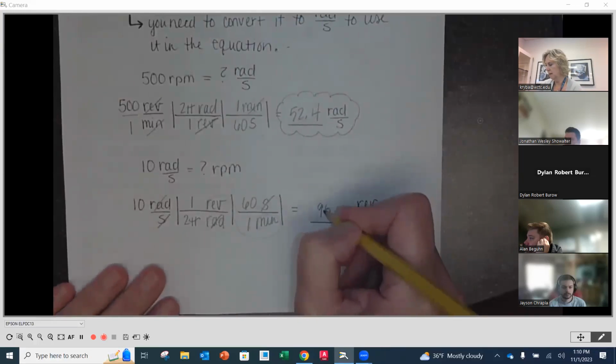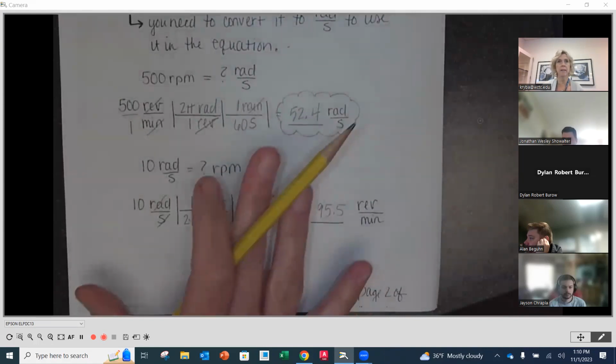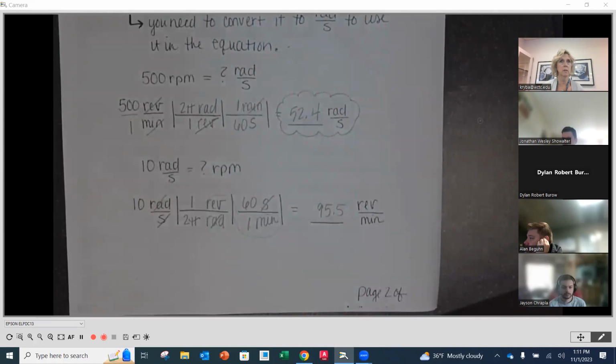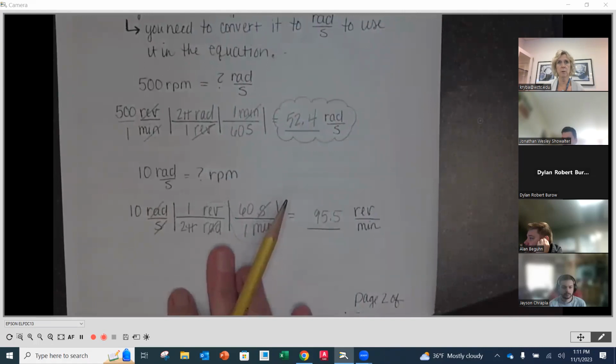Anybody else get that? 95.5. So 10 times 60 divided by 2 divided by pi. Seems reasonable. Any questions then on this page, units and conversion between radians per second and revolutions per minute?